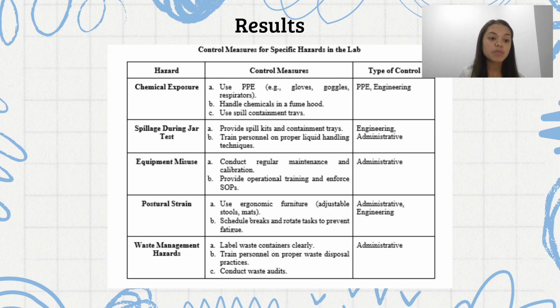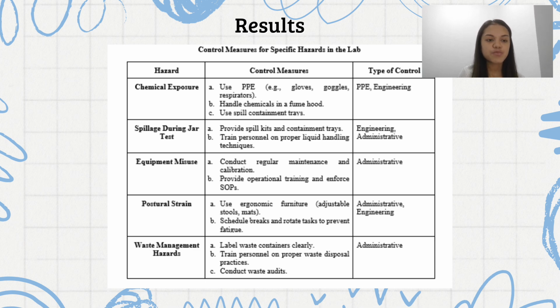The next one is equipment misuse. For the control measures, conduct regular maintenance and calibration, provide operational training, and enforce the SOPs. Administrative is the type of control for equipment misuse. And then postural strain.